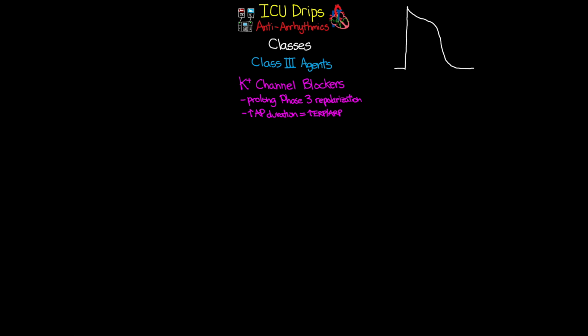And so if we take a look at how that action potential looks, you can see here in the beginning it is exactly like as if there was no medication at all. But where we begin to see the effect is once those voltage-gated potassium channels would normally be opening, we have that inhibition going on, causing that plateau to last longer and ultimately leading to the longer duration of this action potential.